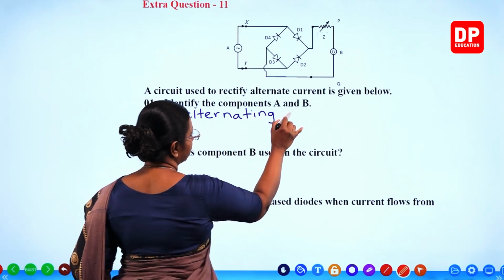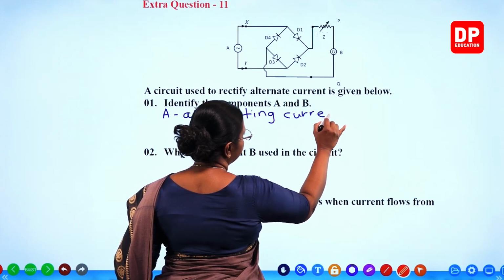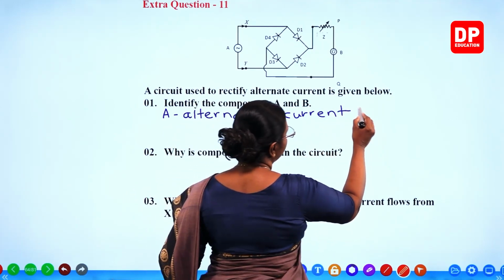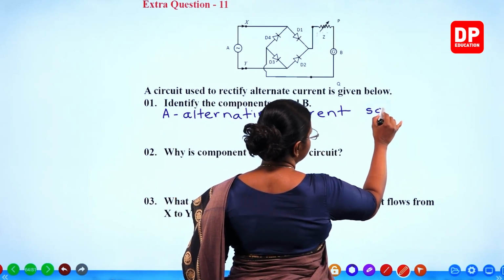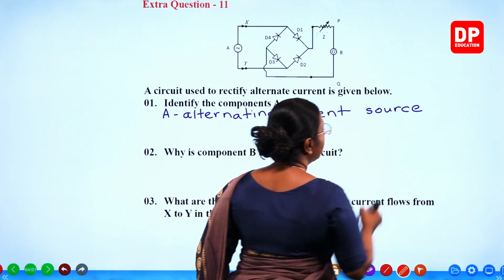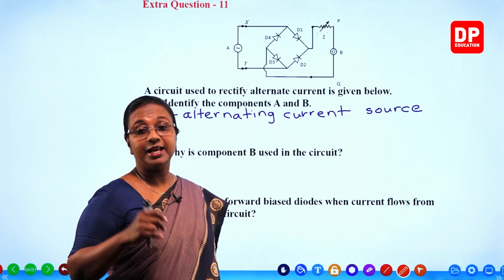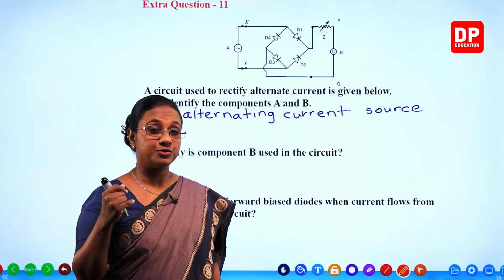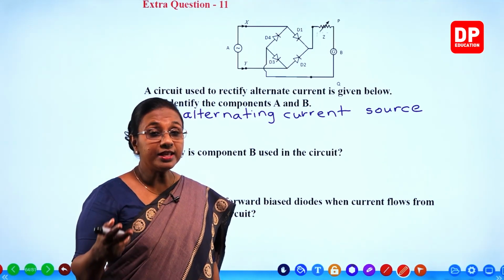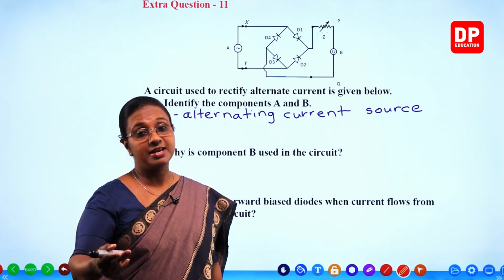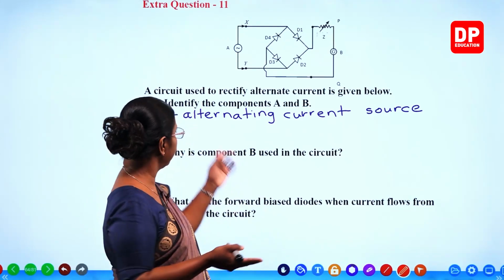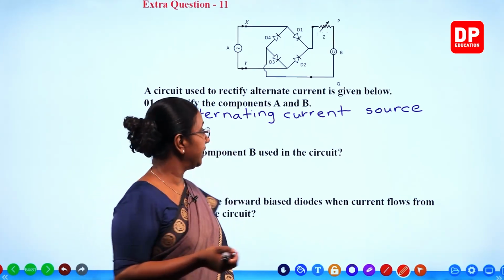Or we can write alternating current generator. There are 2 ways in which alternating current can be generated: we can use a bicycle dynamo or the alternating current generator. Either method can be used to get the alternating current.